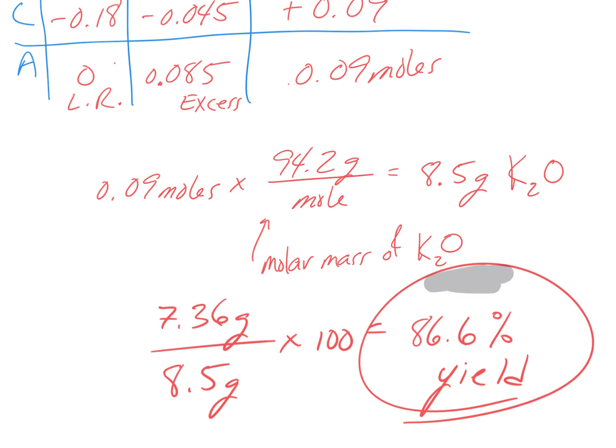I think you've seen enough of me doing these problems. If I could just give you one last piece of advice, always write down the units that you're working with. Make sure that you know what the numbers mean.